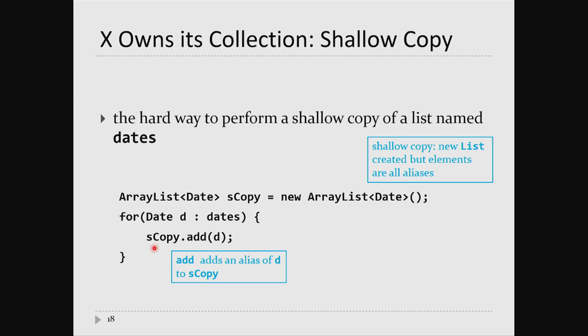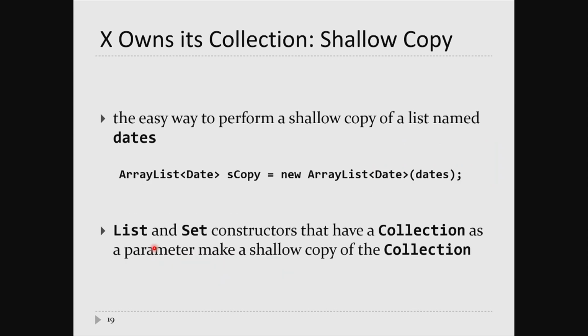So that's the hard way to do it. Don't do it this way. If you want to make a shallow copy, just use the constructor of ArrayList. If you call the ArrayList constructor and pass in a collection, the constructor will automatically make a shallow copy for you. In other words, it will write the loop for you and copy everything over.